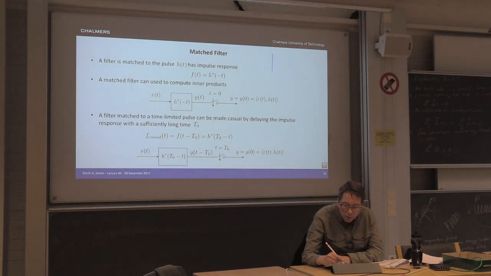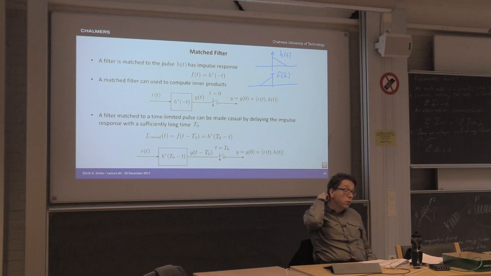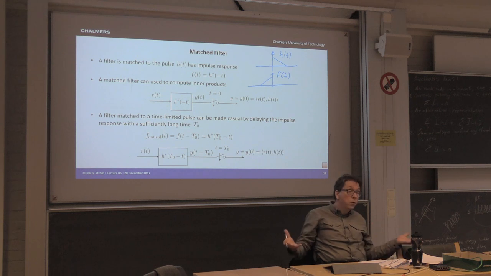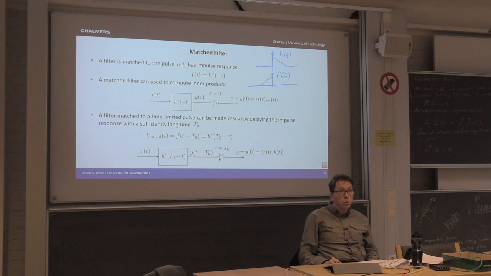So, for instance, when we had h look something like this, and we time reversed it, we certainly got something which was non-causal. Non-causal meaning that it's non-zero for negative t.